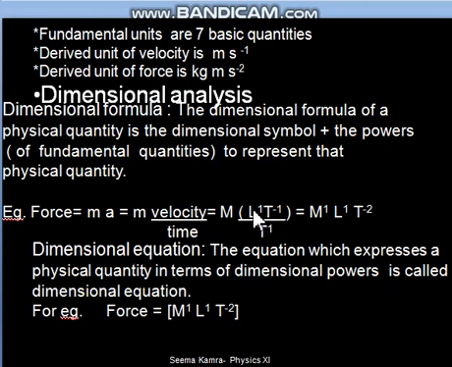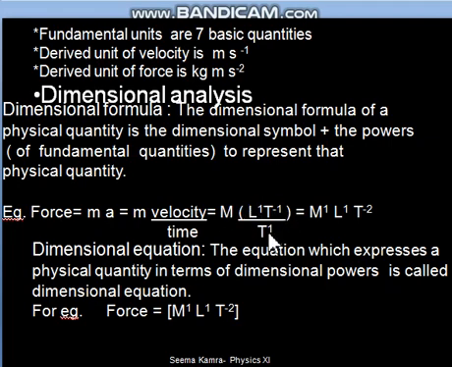Displacement means L1, upon time means T raised to power minus 1. So velocity is L1 T minus 1. Then one more time is already in the denominator. Time is part of that table, so it is a fundamental quantity. We don't have to break it, we just replace it by T power 1.